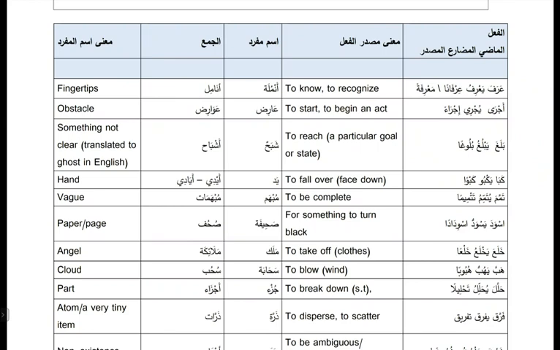So usually the third person singular masculine for thalathi mujarrad is actually the root letters itself. So it's nice, right? And that's why the verb conjugations always start with the third person singular masculine, because you're starting with the root and then you're adding extra letters to form other conjugations.